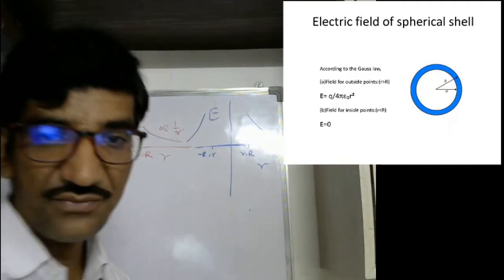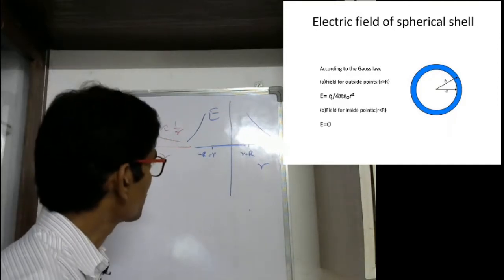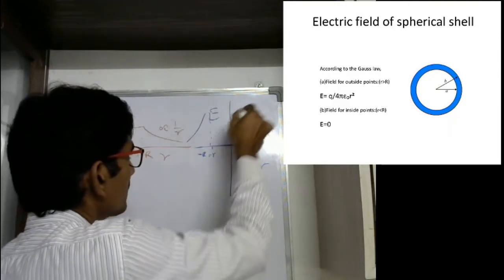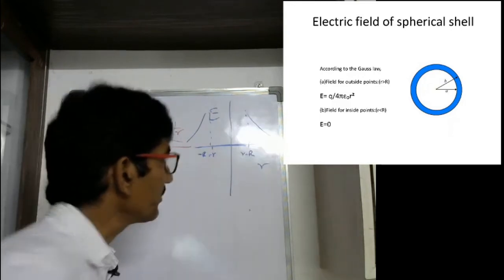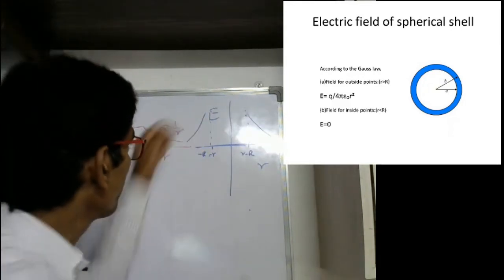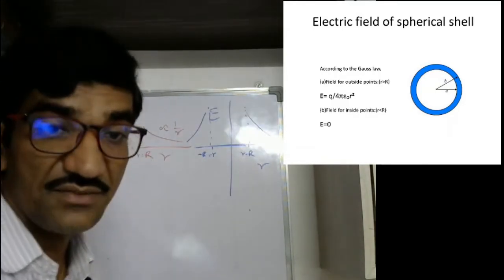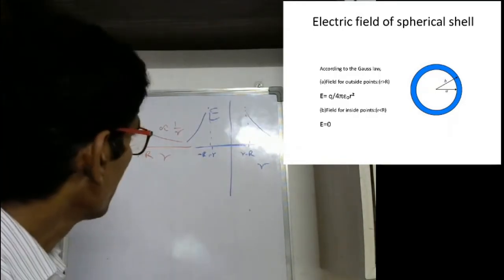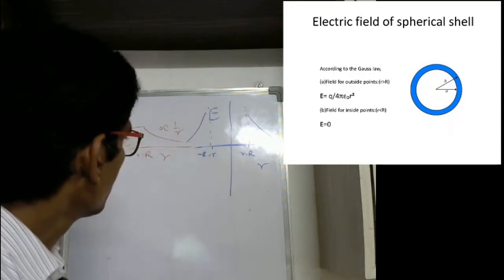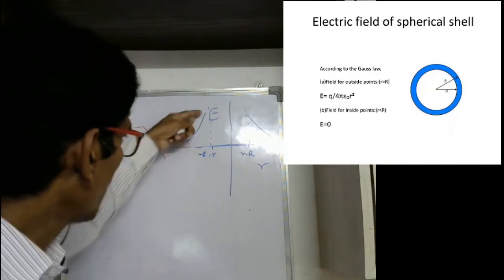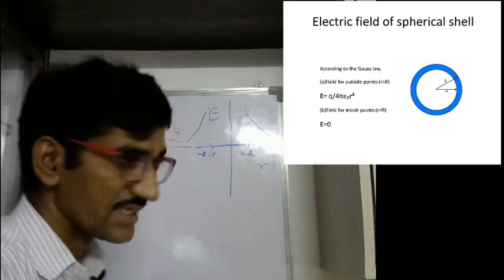Such a variation of E, for outside points. This is the border. So where do you have the maximum value for E? At the surface. Maximum value for E is at the surface. As you move away from the surface, it falls as 1 by R square.